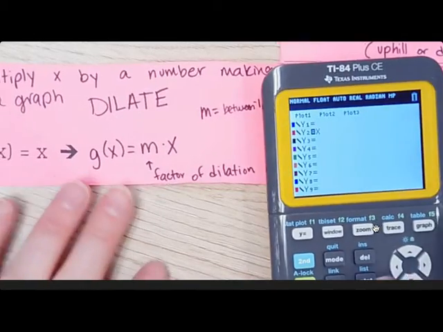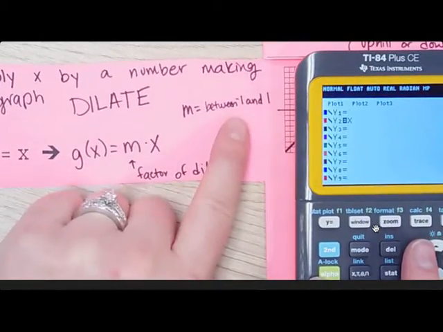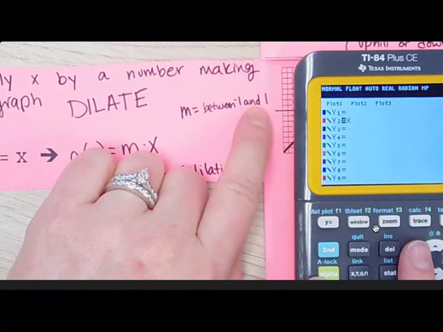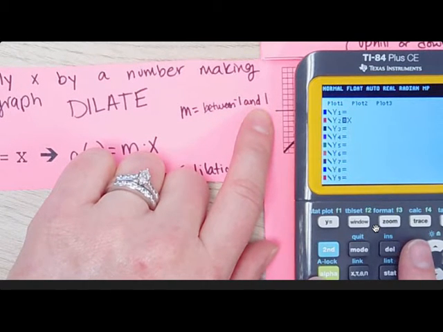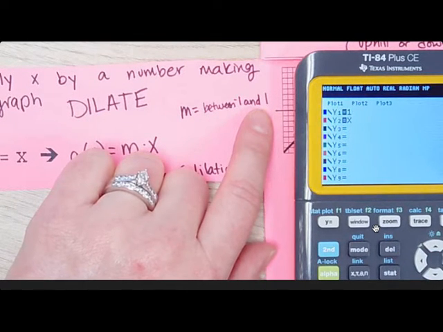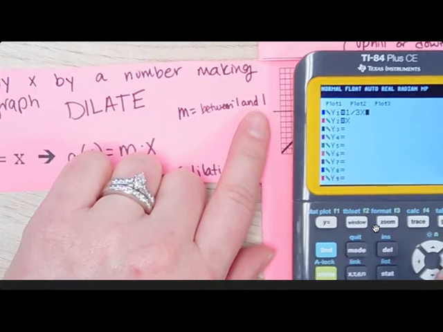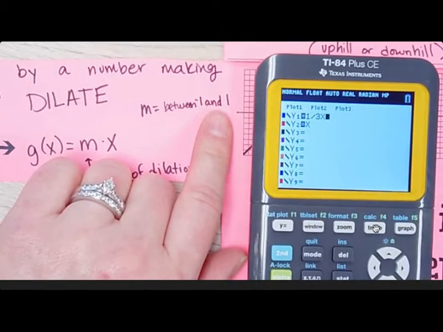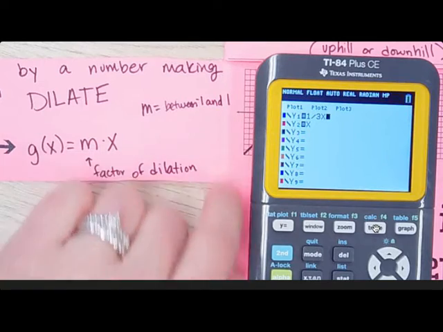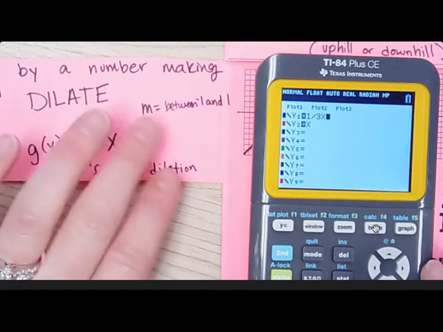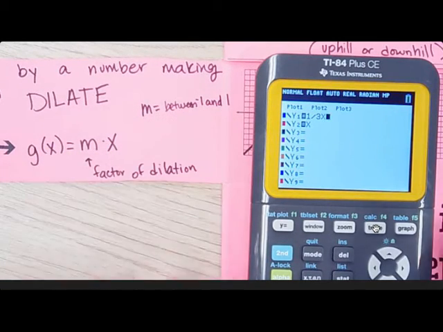Y equals x. Let's do a number between -1 and 1, and keep it positive. Let's say it's 1/3. Do you think it's going to make it steeper or flatter?